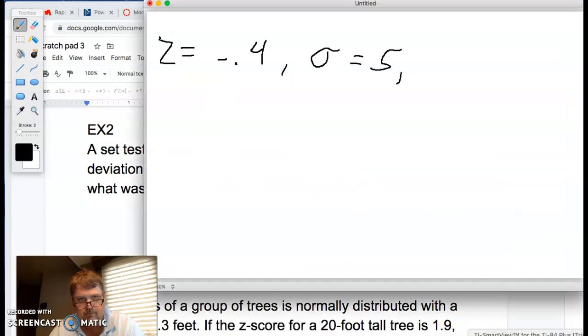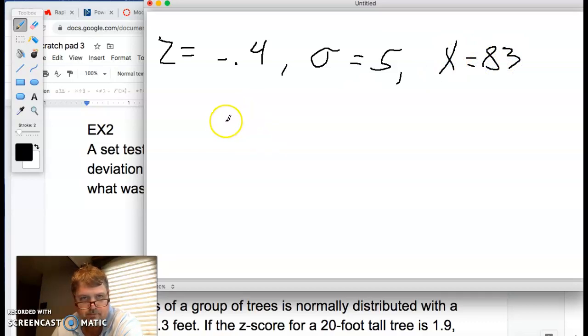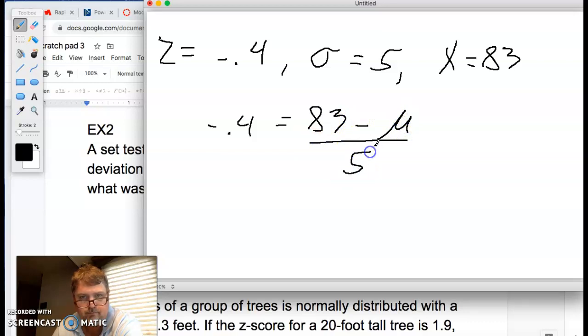So we're solving for mu in this case. All right, so we know x is actually 83. So we're going to solve for the mean. We're going to have negative 0.4 equals 83 minus mu, all over 5.